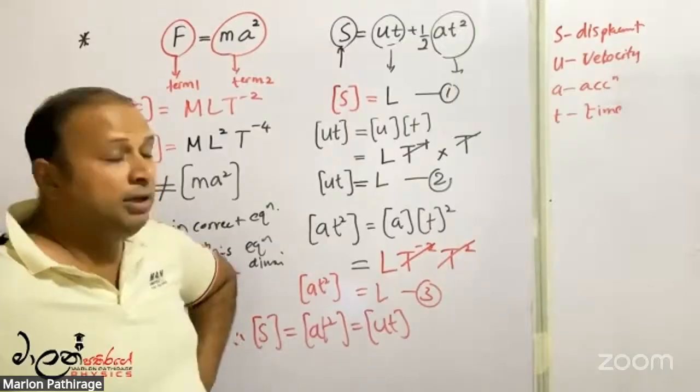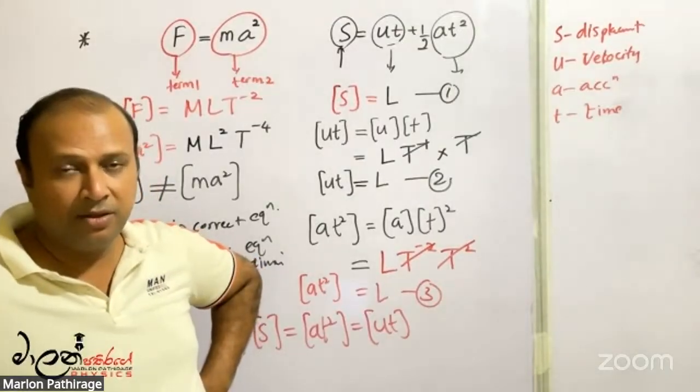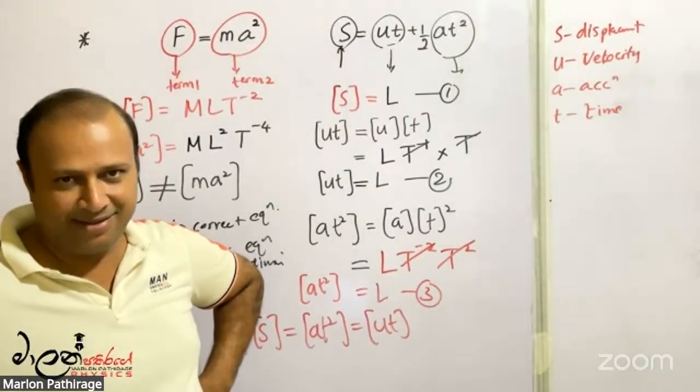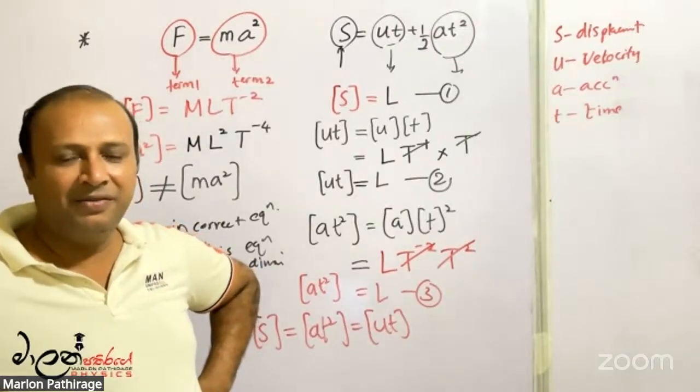But if you are given a multiple term equation, how do we equate the left hand side and the right hand side?